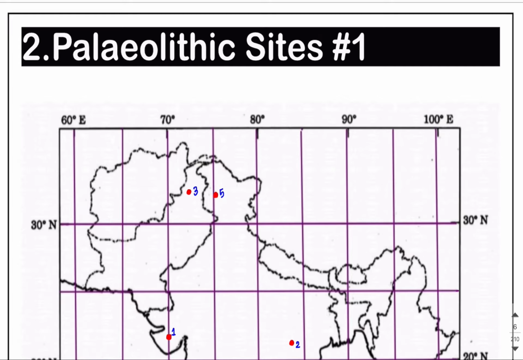Now before moving on to the Paleolithic sites, what are they? Let us see what Paleolithic is. Here you can see that paleo means old, and lithics means stones. So it is an age when people used to make tools and other prominent things with the help of stones, right?